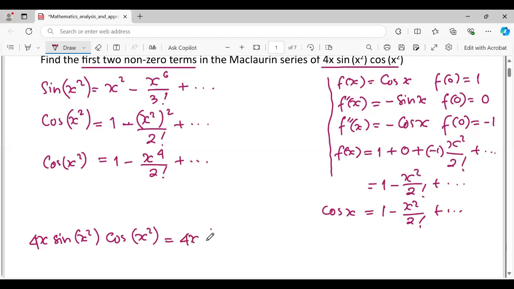It will be 4x multiplied by this series, x squared minus x to the 6 over 3 factorial, plus so on, then multiplied by this series, 1 minus x to the 4 over 2 factorial, plus so on.